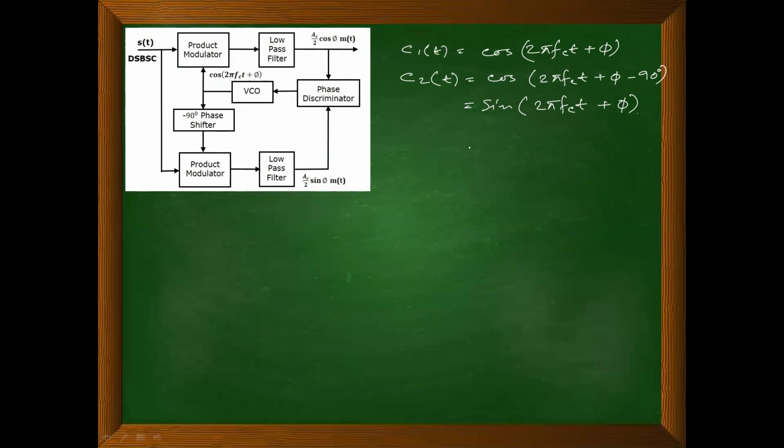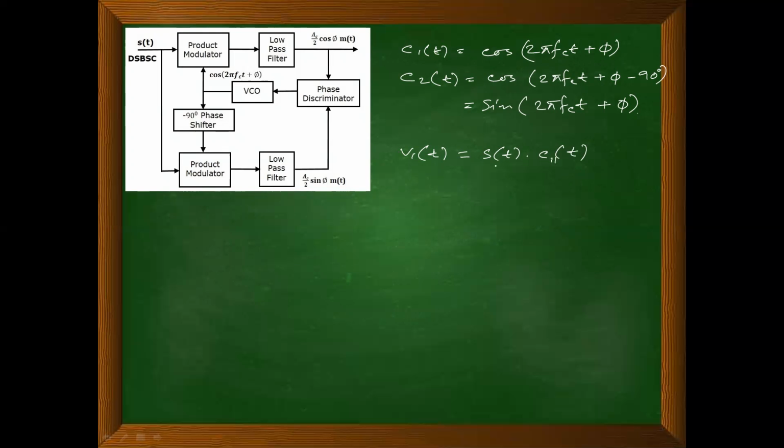Now V2. So first of all V1(t), that is the output of the product modulator of the upper half portion, V1(t) equals S(t) into C1(t).